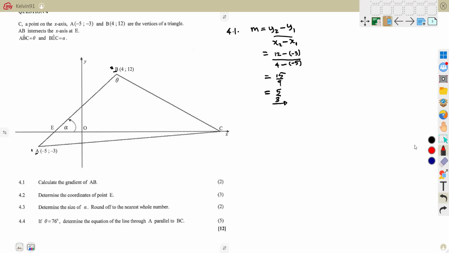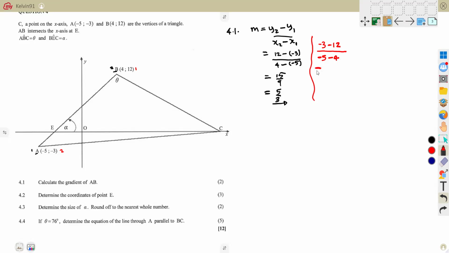Or if you decide to take these ones as your ones and this one as your twos, it means x2, y2, x1, y1. The gradient using that same formula was going to be minus 3 minus 12 divided by minus 5 minus 4.